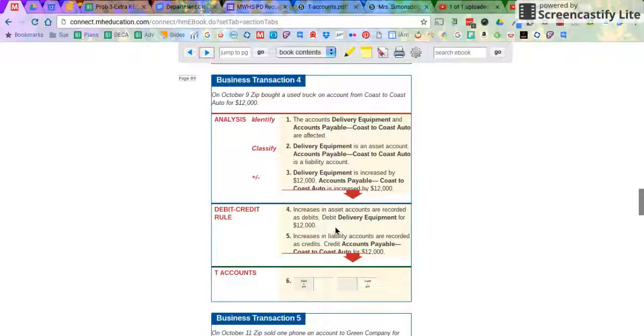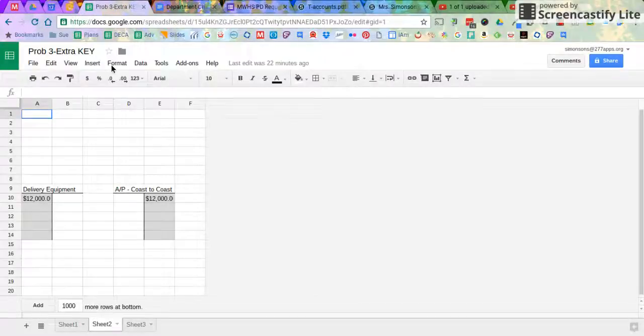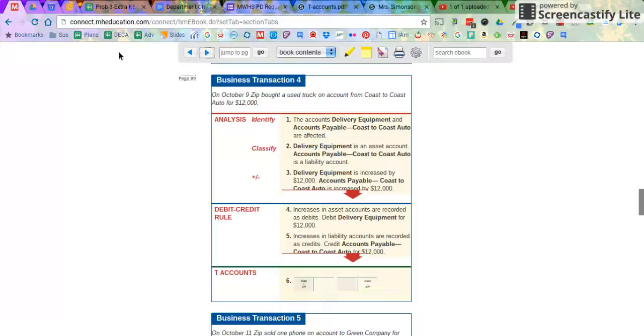Increases to assets are on the left side, or a debit. Increases to liabilities are on the right side, or a credit. I don't know what went on with the T accounts there, so I just did a quick example. This would look like this: the debit to delivery equipment on the left and a credit to accounts payable, Coast to Coast, on the right.